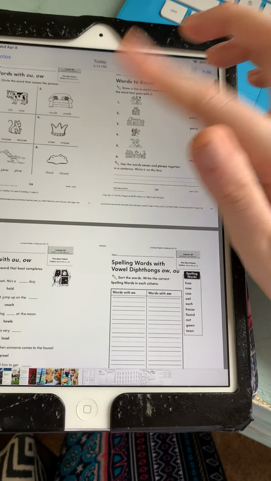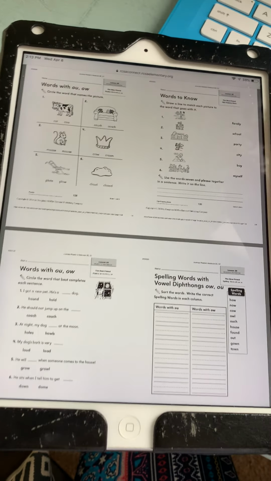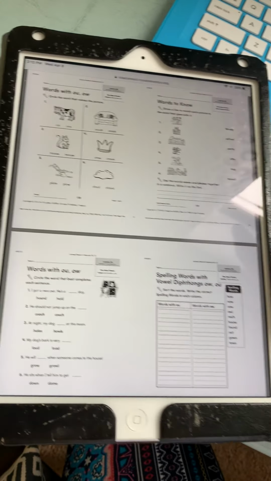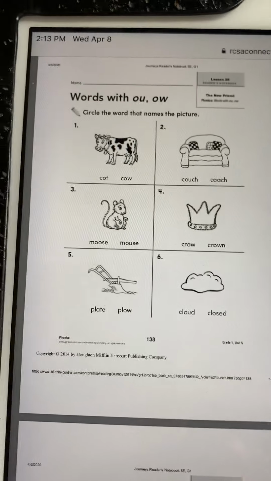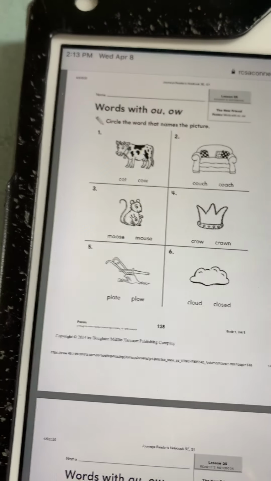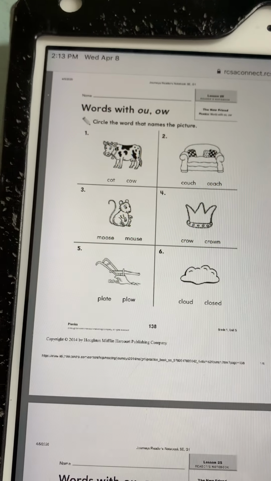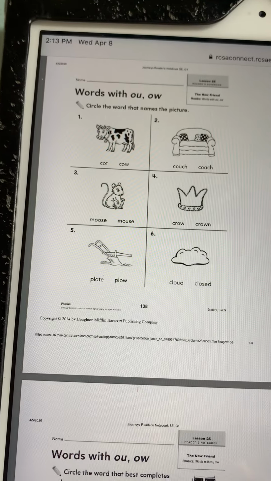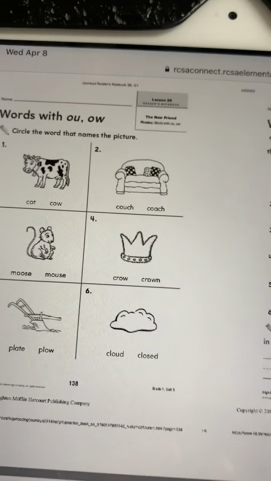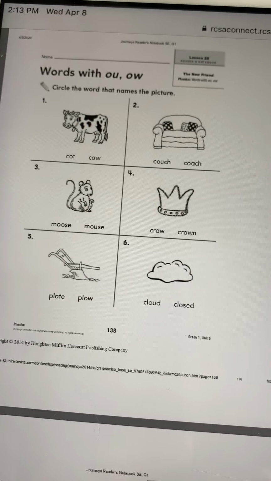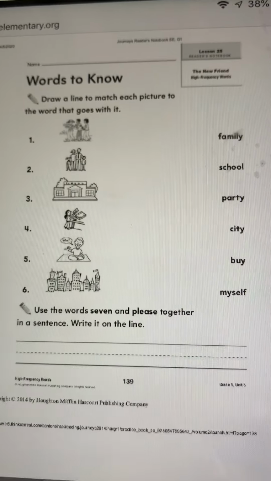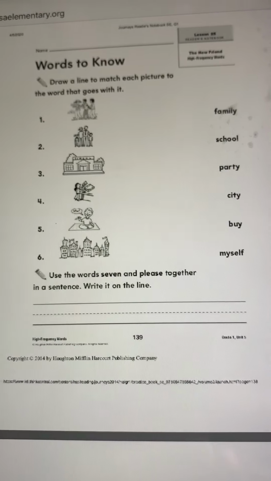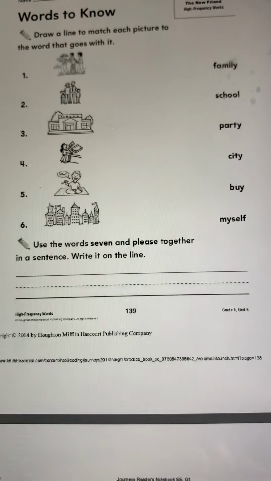Okay. So this is Reader's Notebook, some of the pages. This is 4 of the pages. So our skills of the week are OU and OW, and OU and OW, they both say ow. So they're matching, or they're circling right here. For this one, they are drawing a line to match each picture and using the words 7 and please together in a sentence.